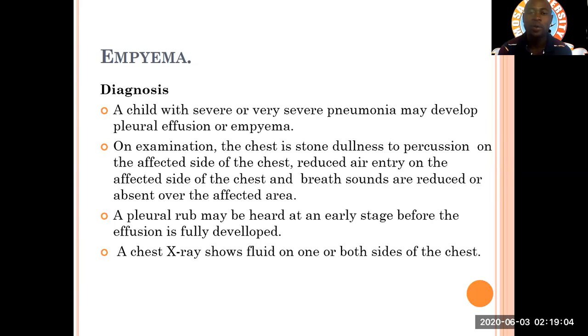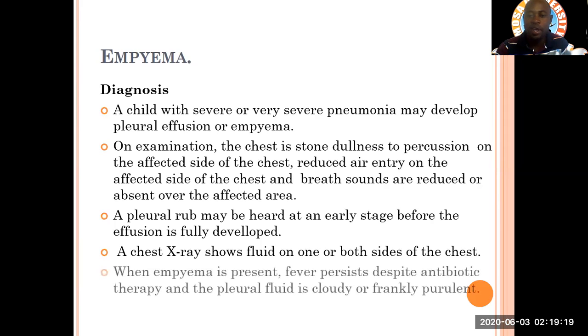On the affected side, when you do percussion, there will be a stony dull sound. If you do auscultation, a rub may be heard at an early stage before the effusion is fully developed. When you do a chest X-ray, you find there will be fluid levels.